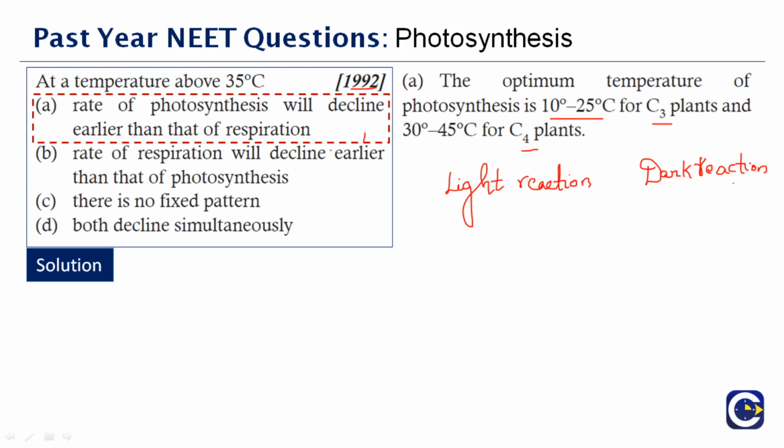You have a classification as C3, C4 and CAM plants. C3 plants use the Calvin cycle. Understand the difference because many will have a doubt about what is C3 and C4 plant of dark reaction of photosynthesis.